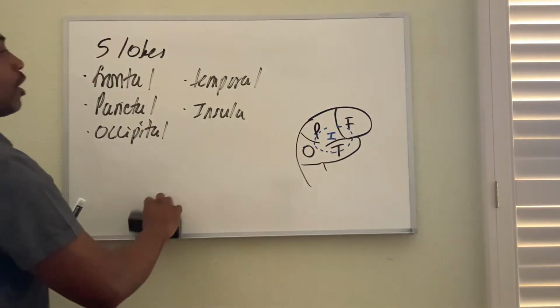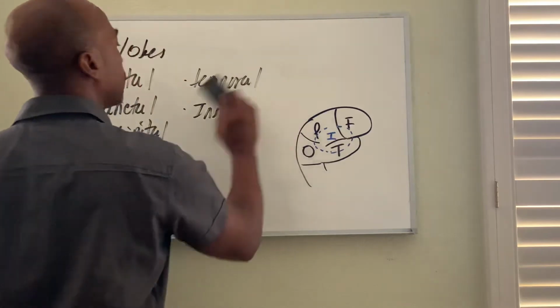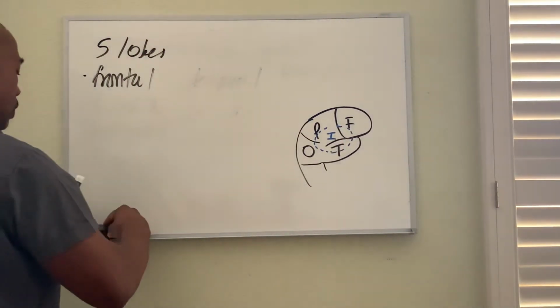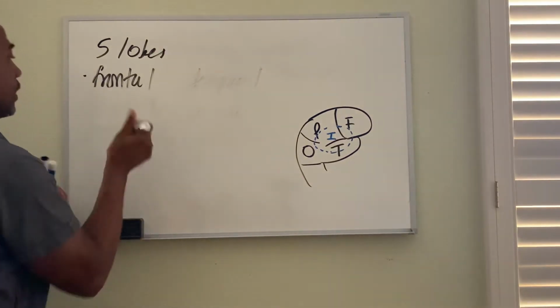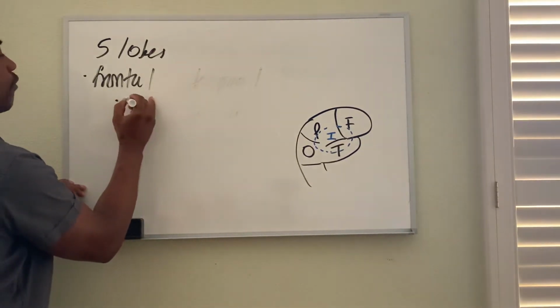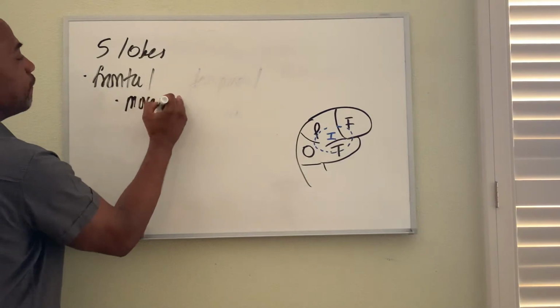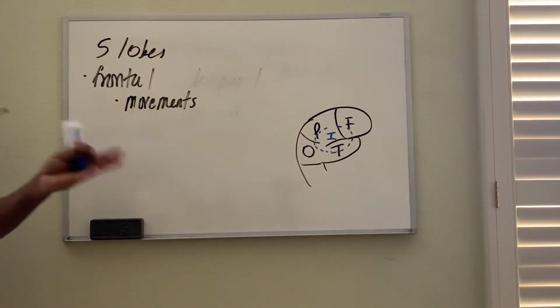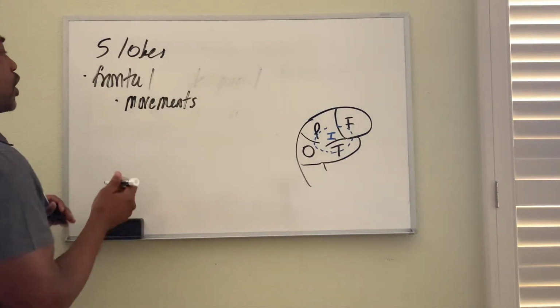Okay, so first we begin with your frontal lobe. This one is known for movements. Movements are controlled by the frontal lobe. All of your muscle actions, your voluntary actions especially.